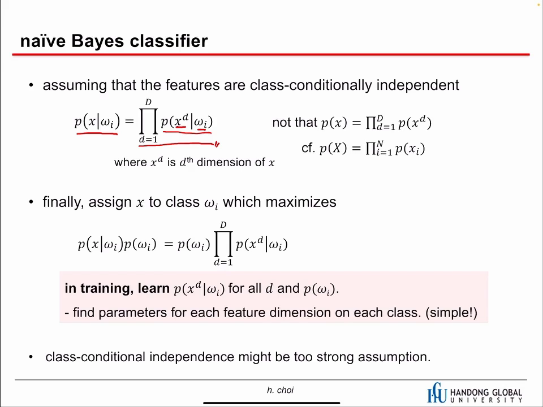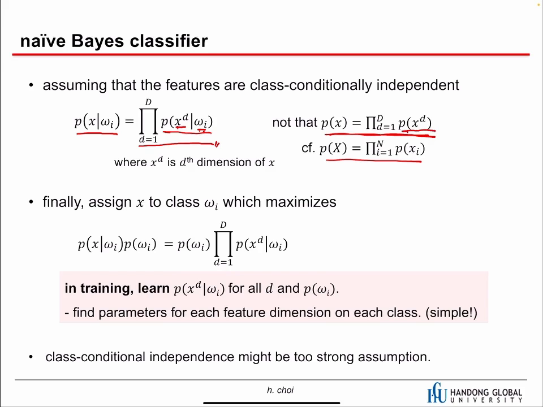Don't get confused with this and this. When we multiply the probability of xd given omega i, that's not this. Usually in general the features are not independent. Features are dependent if we don't have this condition.